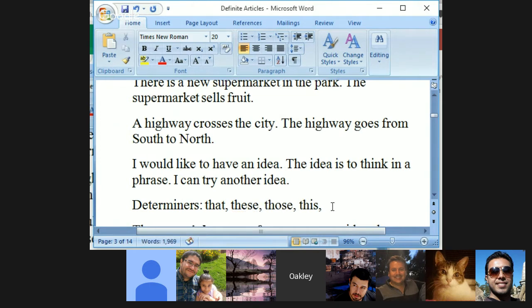Quantifiers like some, many, any. And also possessive pronouns: my, your. Possessives like my socks.